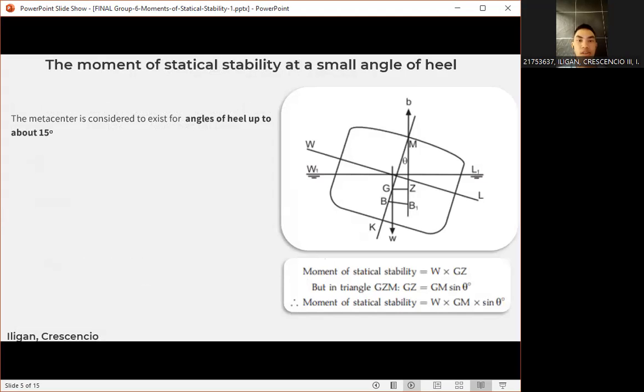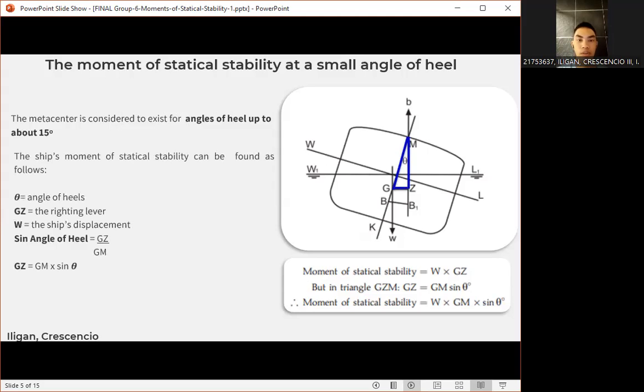The moment of statical stability at a small angle of heel. The metacenter is considered to exist for angles of heel up to about 15 degrees, so only 15 degrees and below is considered a small angle of heel.